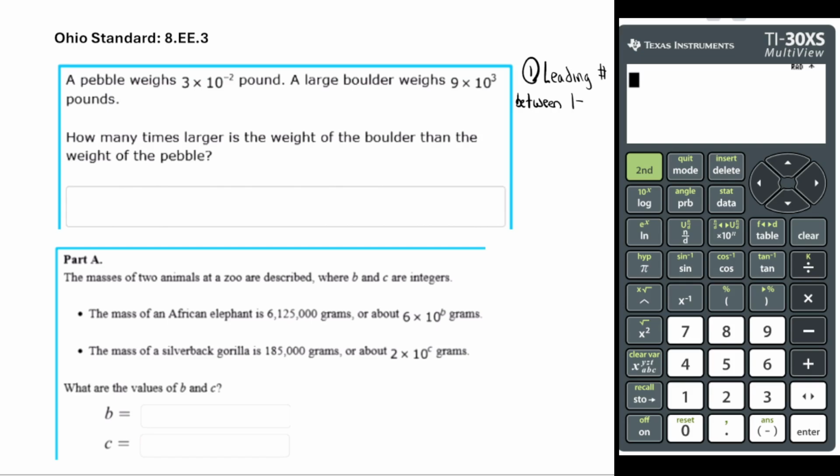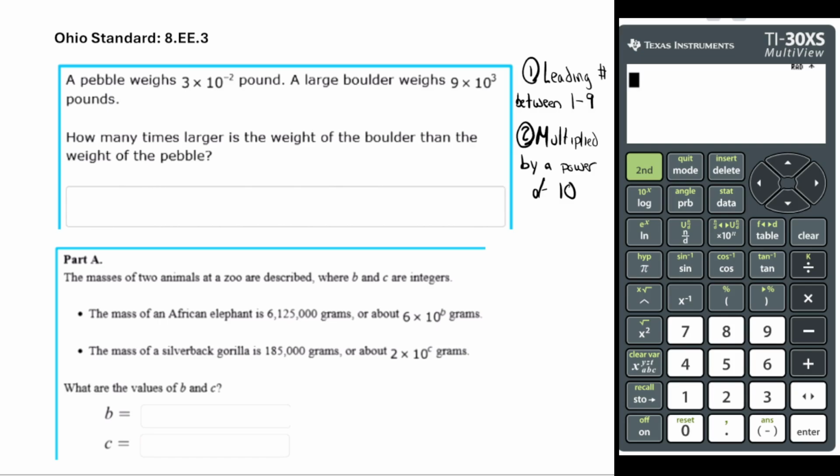It has to be a single digit number. Okay? And 2, it has to be multiplied specifically by a power of 10. So 10 times 10 to the something. Okay? So let's talk about number estimation.